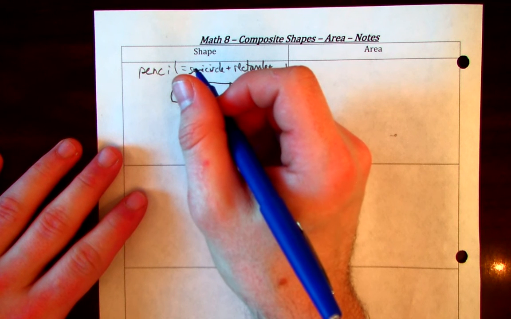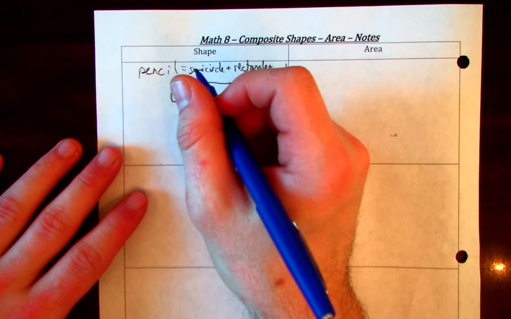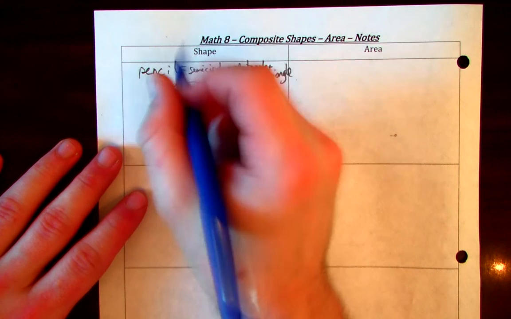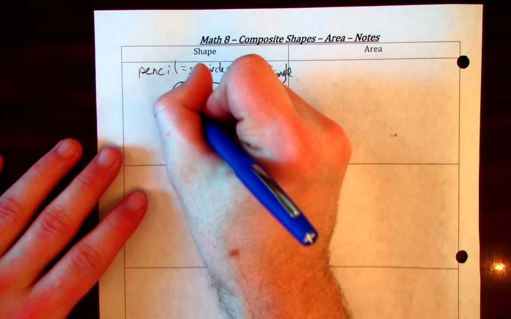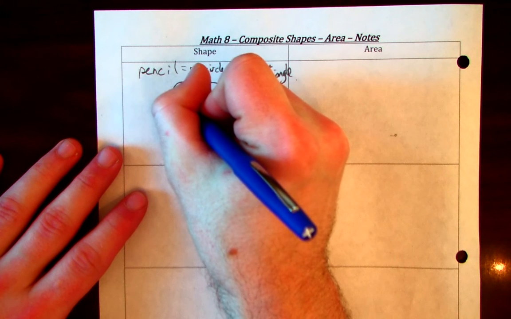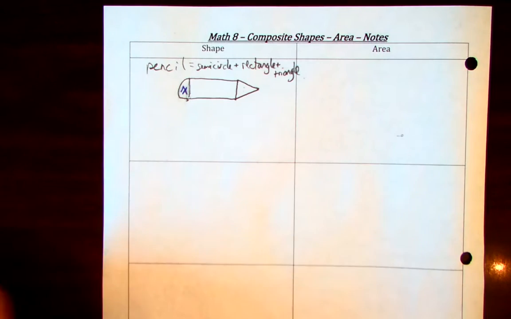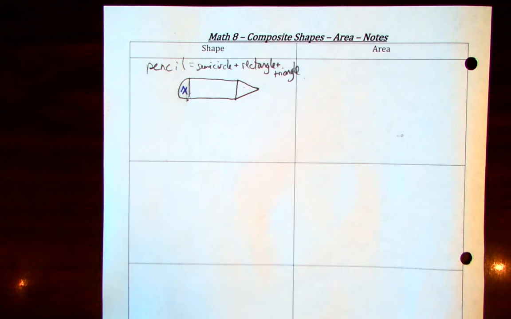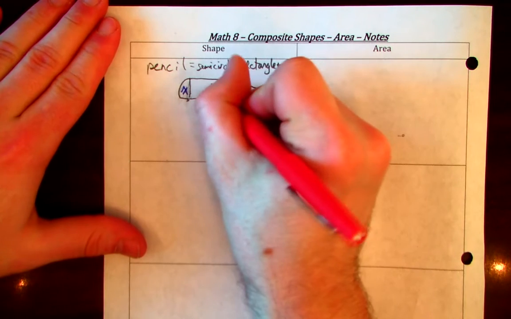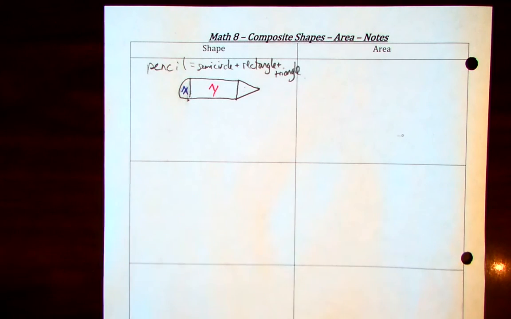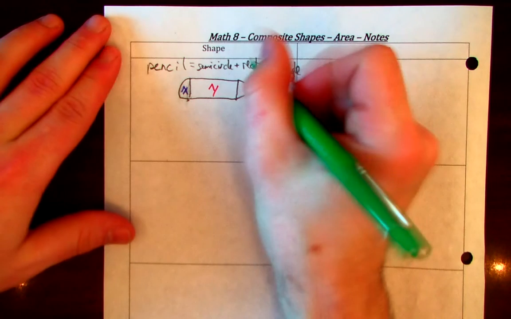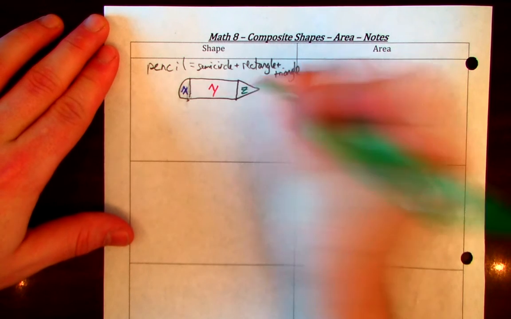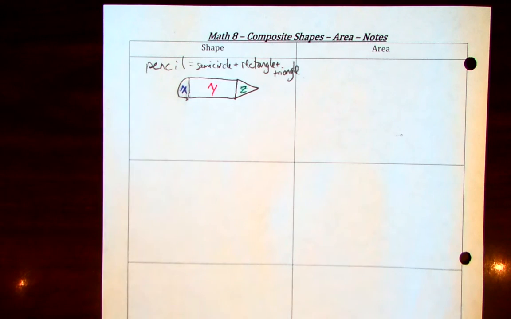So let's say we have our semicircle, let's have this be x, let's have our rectangle be y, and let's have our area of the triangle be z. Again, this is another way to do it. I like this way because it's a little bit clearer to see.